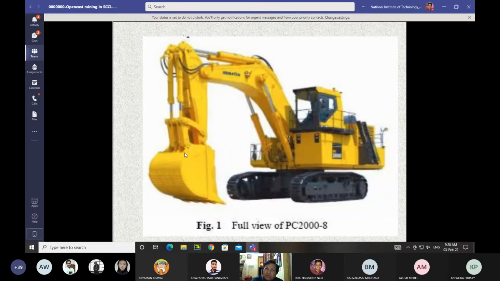So bucket movement is carried out with the help of these two hydraulically operated cylinders. These are oil filled cylinders. Therefore this machine is called a hydraulic operated shovel.